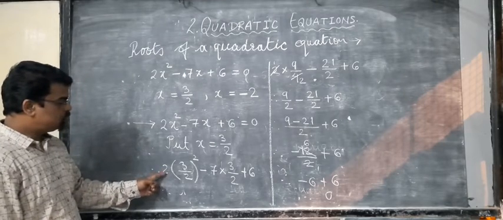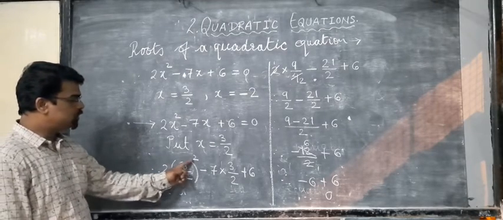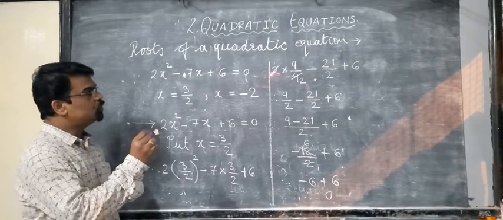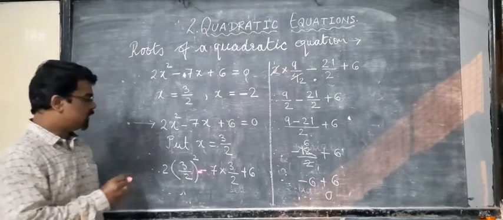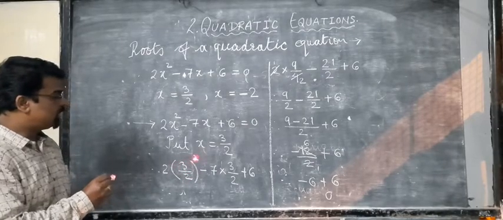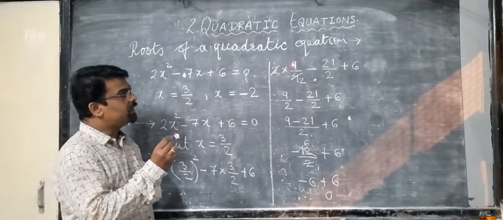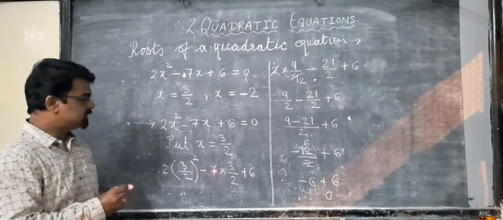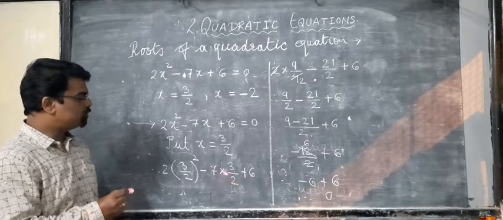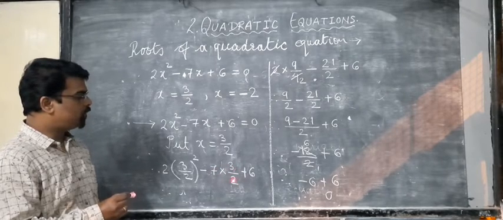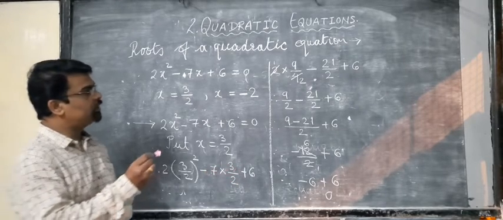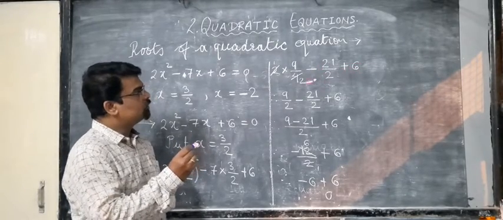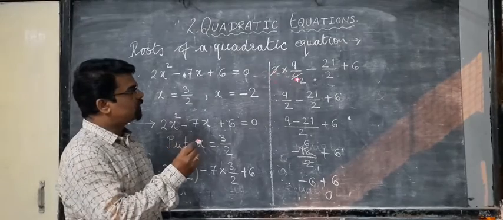Now 2 into 3 upon 2 whole square can be calculated as 2 into 9 upon 4, minus 7 into 3 upon 2, means 7 3s are 21 upon 2, so it will be minus 21 upon 2 plus 6.